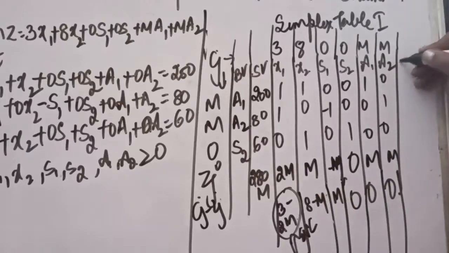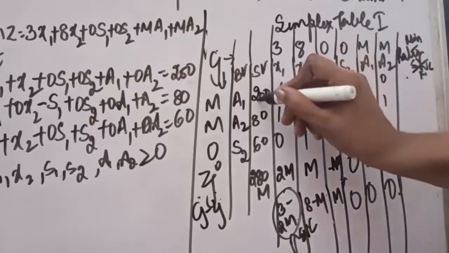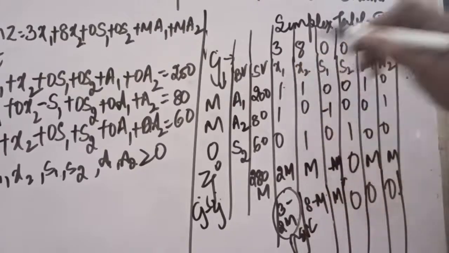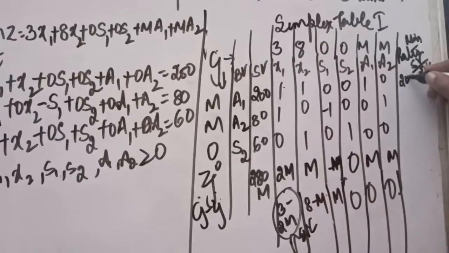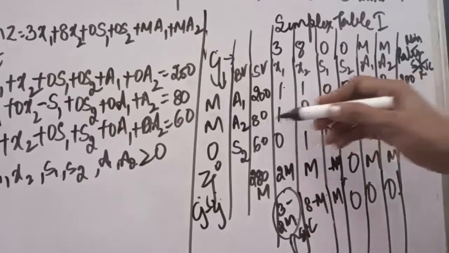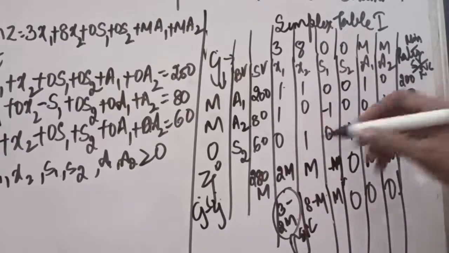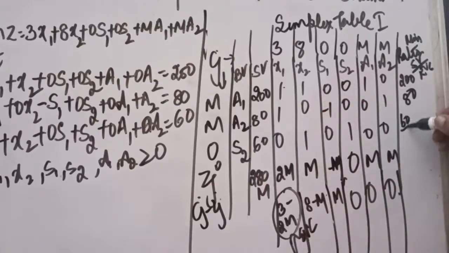Once we choose the entering variable column, we have to move on to the calculation of the minimum ratio. The formula for the minimum ratio is solution value upon EBC. In the first row, the solution value is 200 and corresponding to this is 1, so 200 by 1 will be 200. 80 by 1 will be 80, and 60 by 0. In the minimum ratio column, you have to ignore zeros and infinities. So we have to choose between 200 and 80.